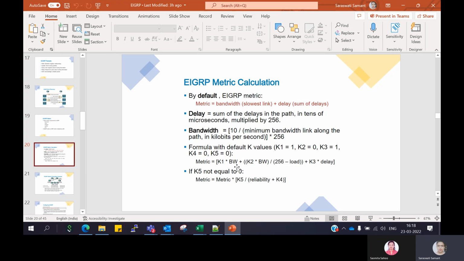K1 is bandwidth. K2 will be the delay. K3 will be load. K4 will be reliability and K5 will be MTU. So by default, EIGRP metric will be the bandwidth of the slowest link plus the sum of delays.